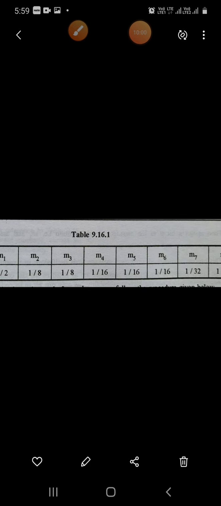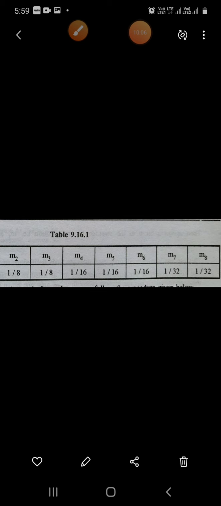For M1 the probability is 1/2, M2 is 1/8, M3 is 1/8, M4 is 1/16, M5 is 1/16, M6 is 1/16, M7 is 1/32, and M8 is 1/32. So these are the probabilities with respect to the messages in the table.